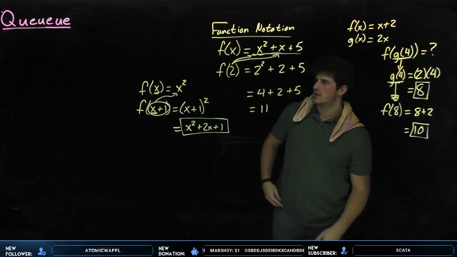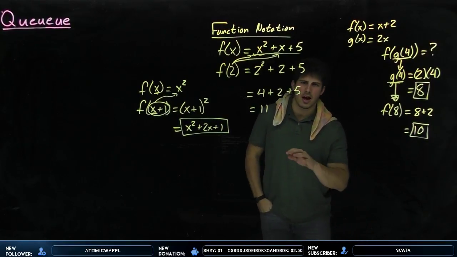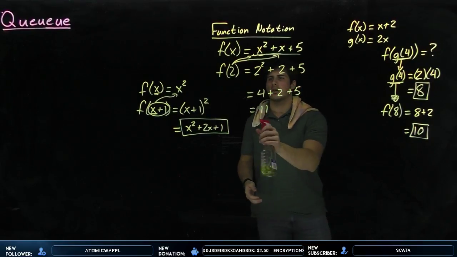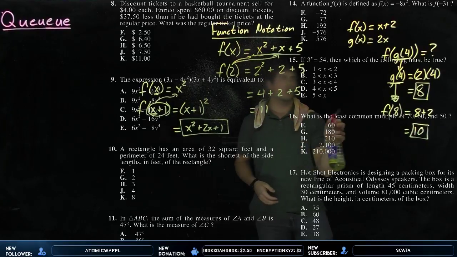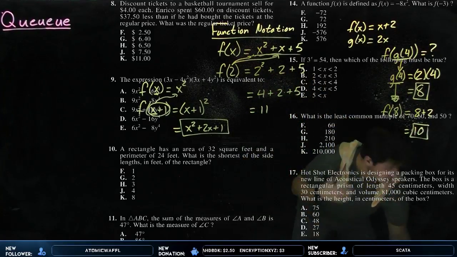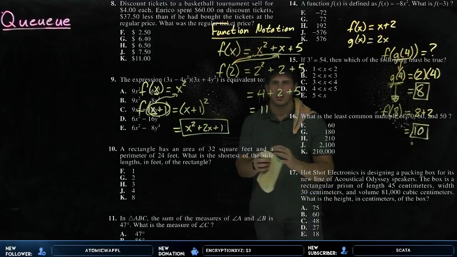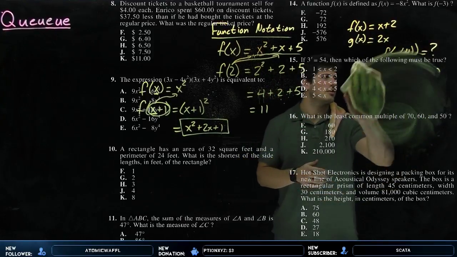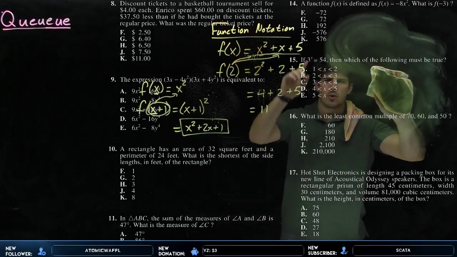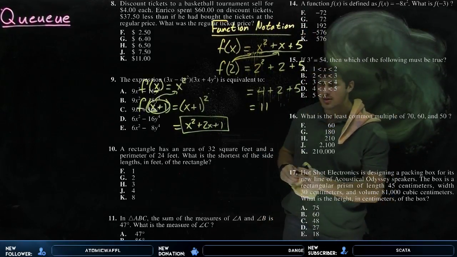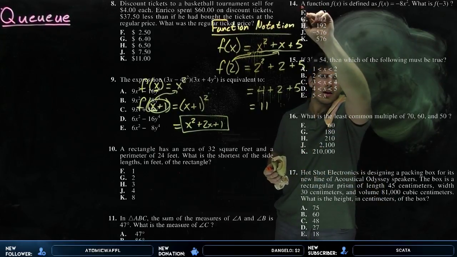Brady, I'm going to go ahead and start erasing this. I think I have it already pulled up to the correct spot. Okay. If you want to pull up the test for me. We're going to go ahead and do some practice problems here. Number 14. Yeah, 14. Thank you. So I'll go ahead and erase this. It's going to be 14 right here. Let me circle that real quick so you guys can start looking at that.